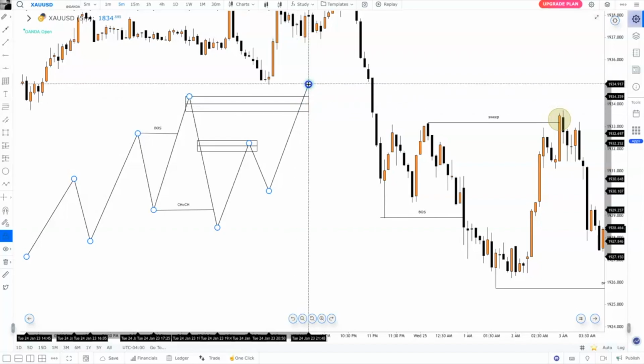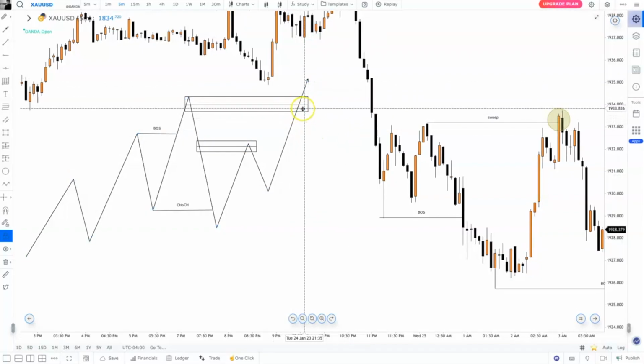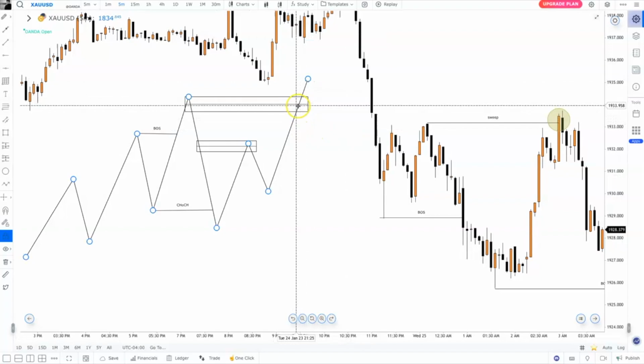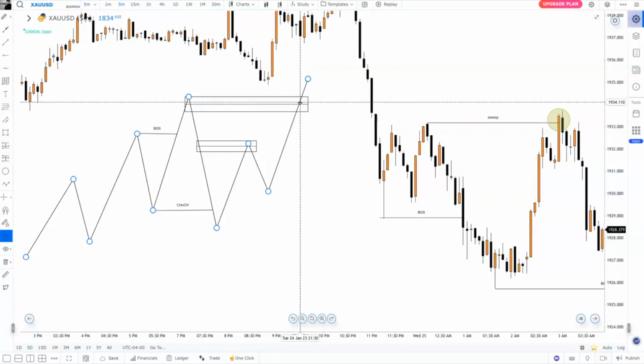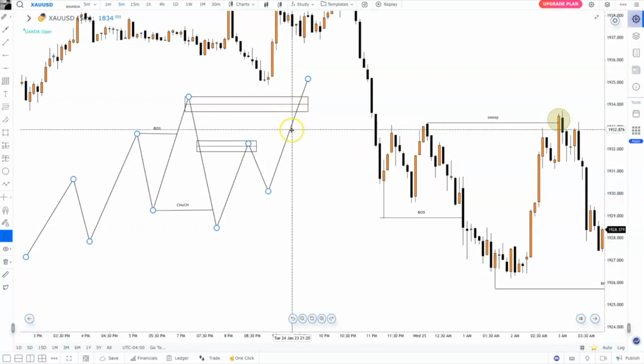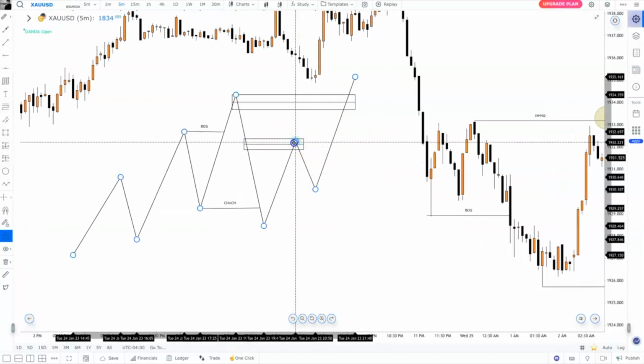If the market just ends up breaking to the upside, you did not make your position because you did not see any buzz or change of character in lower time frame, right? You did not spot any confirmation in lower time frame for you to enter on this one, so you let it go. The same thing will be with this one.